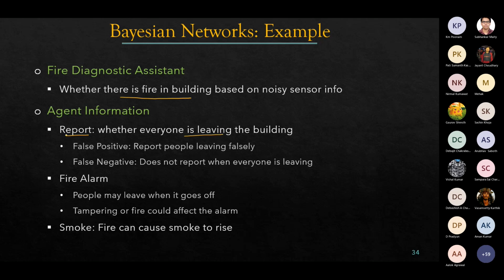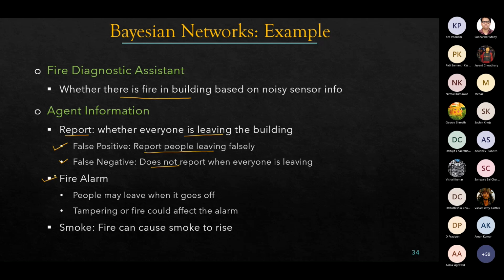Now, as it is a noisy sensor, we might have a false positive. What do we mean by that? Maybe it is reporting that many people are leaving, but it might be the case that people are not leaving in that way. So it might report people leaving falsely. Or there might be a false negative where people are leaving, but it does not report, because it is noisy.